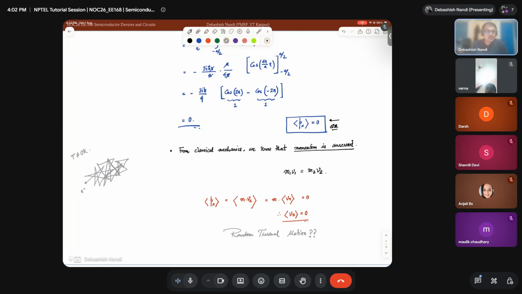So in thermal equilibrium, it does not mean that the electrons are stagnant, right? Electrons are never stagnant. Once you have sufficient energy, thermal energy or whatever form of energy, maybe light energy, your electrons get from the valence band to the conduction band. Once the electron goes to the conduction band, it becomes a free carrier, right?